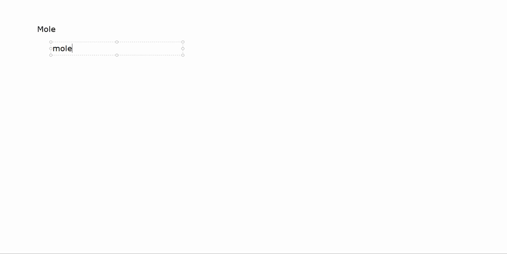Mole means amount of substance which contains 6 exponent 23 particles.